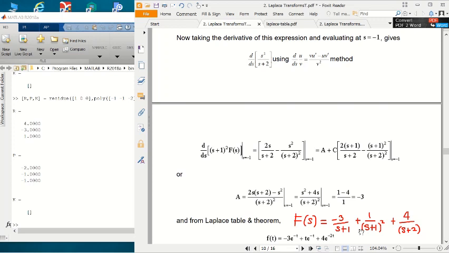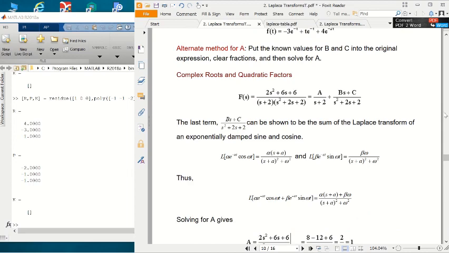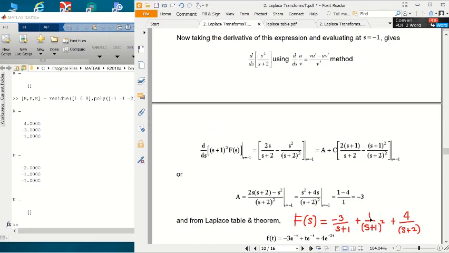So for A, it is going to be -3, and for B will be equal to 1 in this case.